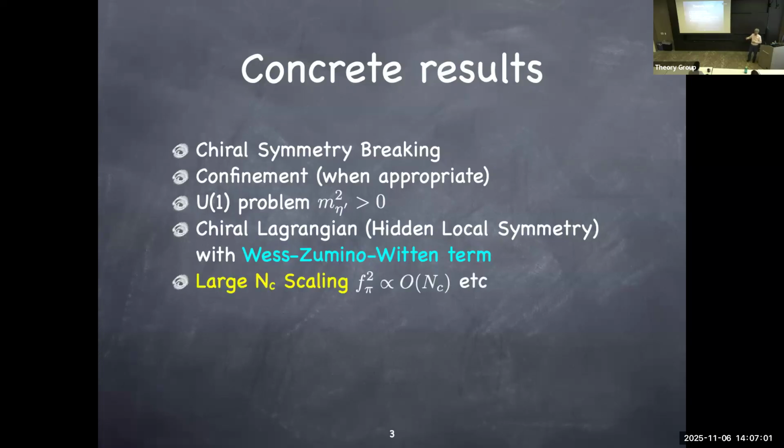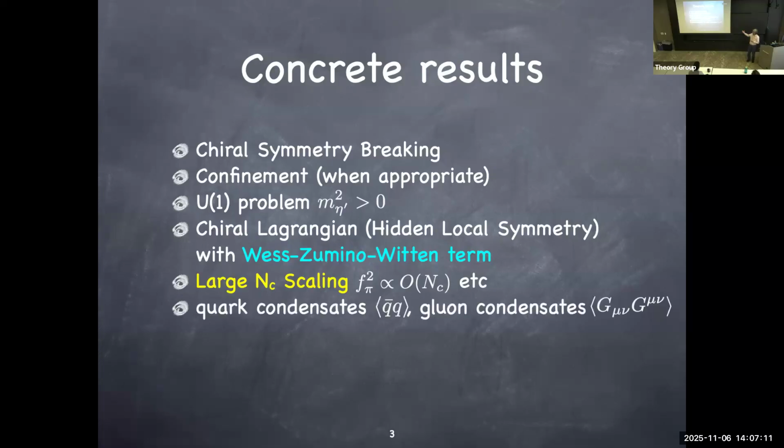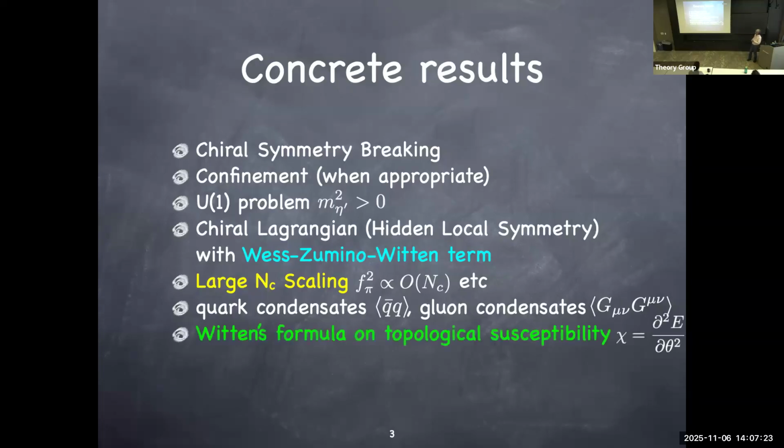You can also study various limits, like the large N_C limit. For example, you can show that F pi squared is indeed order N_C as it should be. And you can also compute these non-perturbative condensates, the Q bar Q condensate and the glue condensate. You cannot compute these things in perturbation theory, but with this technique, you can actually compute them.